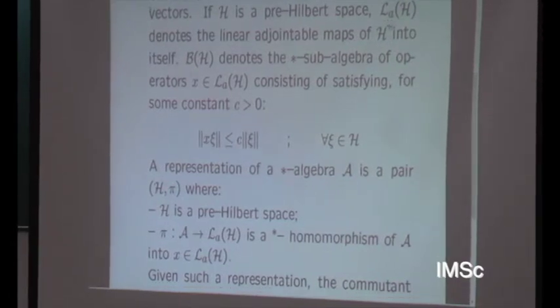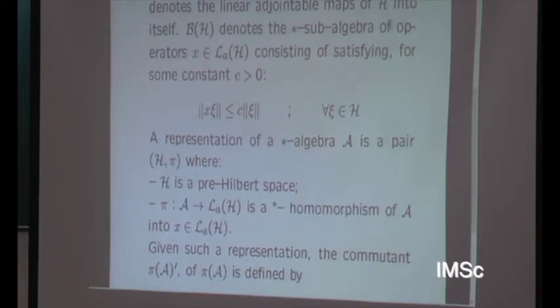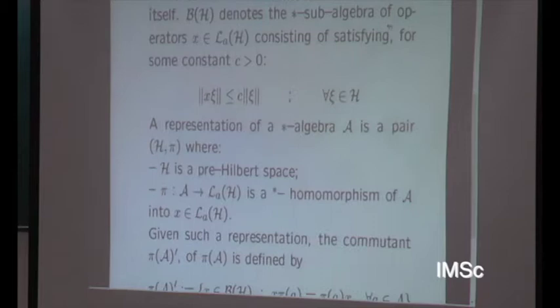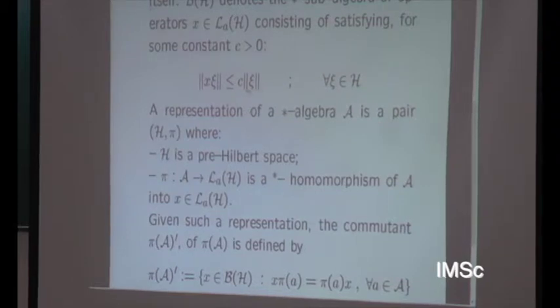This is very important. This avoids having to put invariant domains in from outside. And B of H we denote what will become, morally, in the Hilbert space, the bounded operators. Okay? So they are operators which, when I quotient out, become bounded operators.